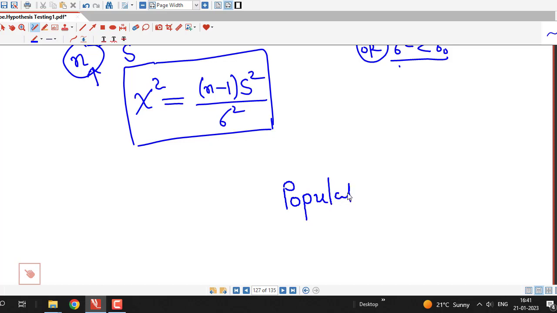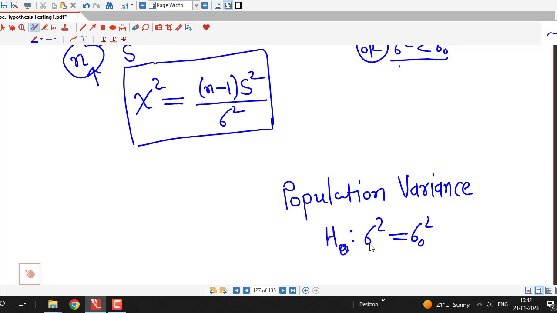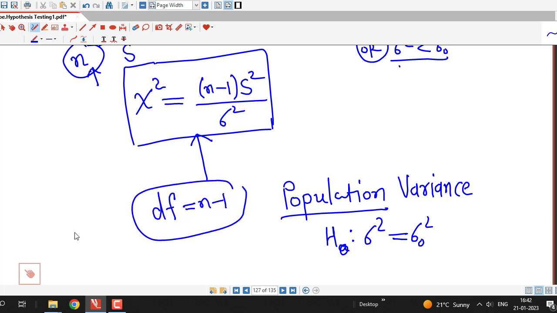We want to check whether our population variance sigma square is equal to some hypothesized value. We want to test this null hypothesis H naught: sigma square equal to sigma 0 square, and if we assume that the population is normal, we will use this test statistic which follows a chi-square distribution with degrees of freedom equal to n minus 1, and we will be given the level of significance.